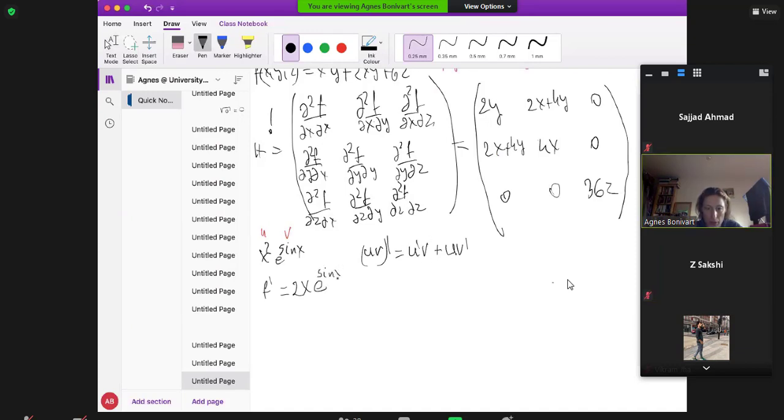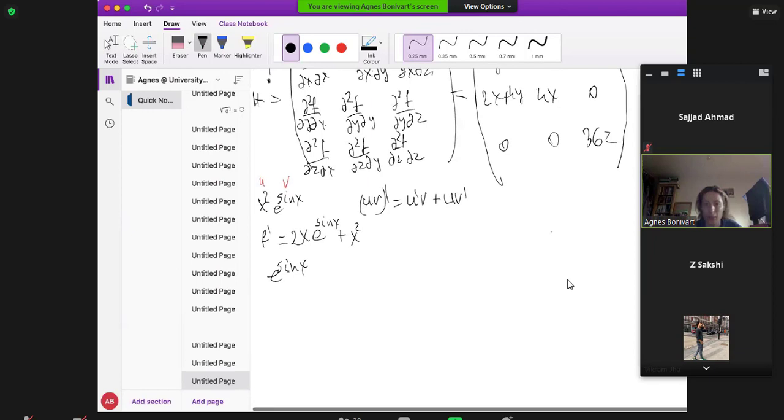Plus x squared, because we need u as it is, unchanged, times the derivative of v. What is the derivative of e to the sine x? Cos x e to the power sine x.